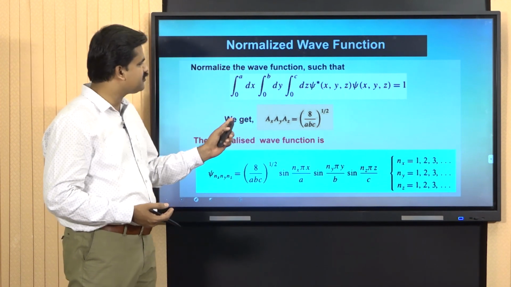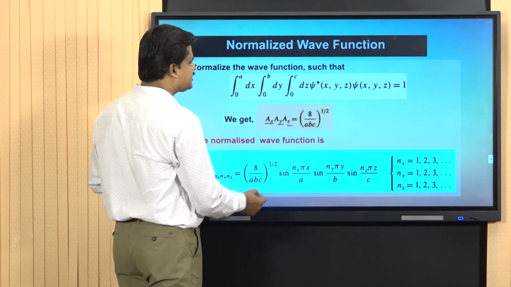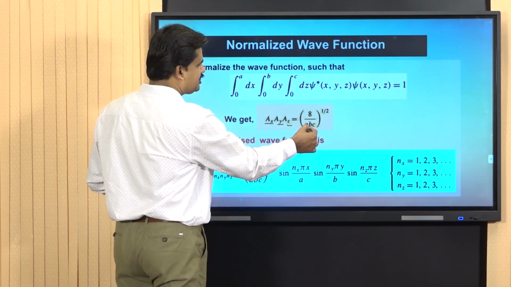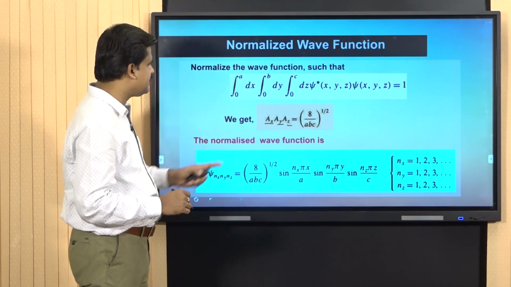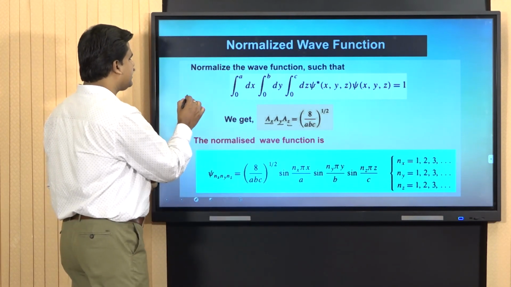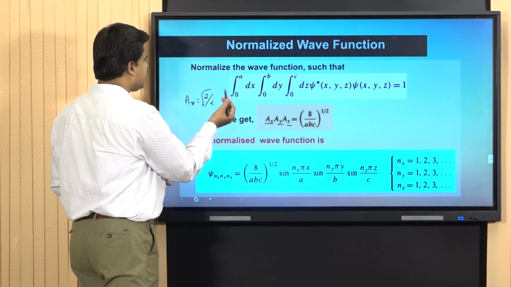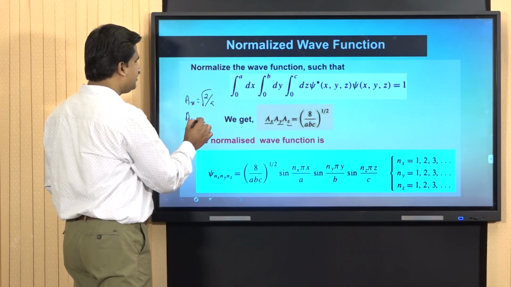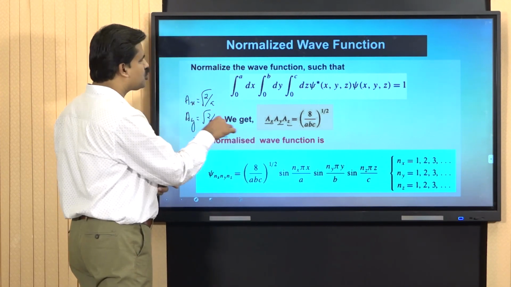And the product of the three normalization constants, that is Ax, Ay and Az, is equal to (8 by abc) the whole raised to 1 by 2, or under root 8 by abc. Separately, Ax is equal to root of 2 by a, Ay is root of 2 by b, and Az is equal to root of 2 by c.